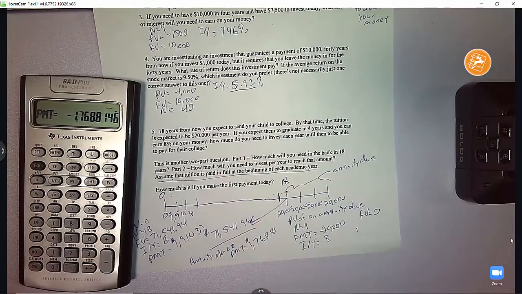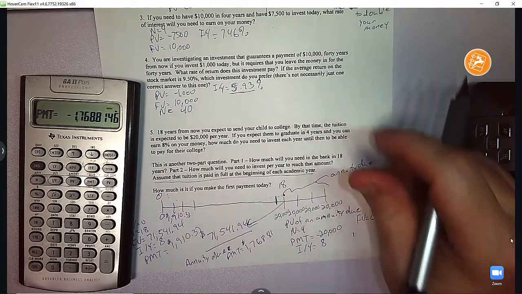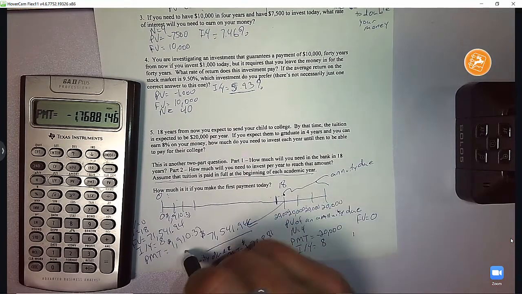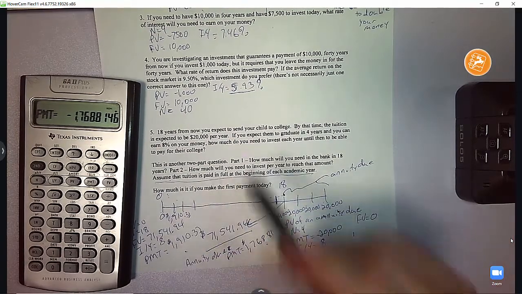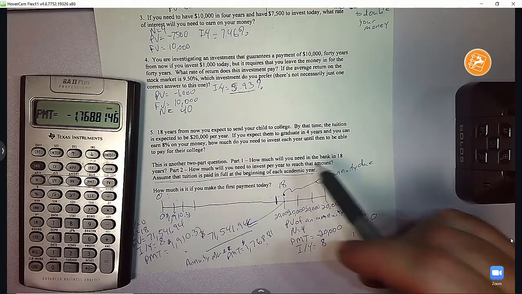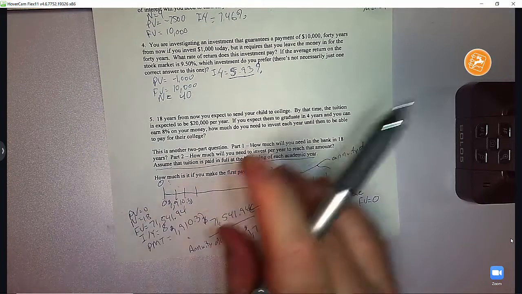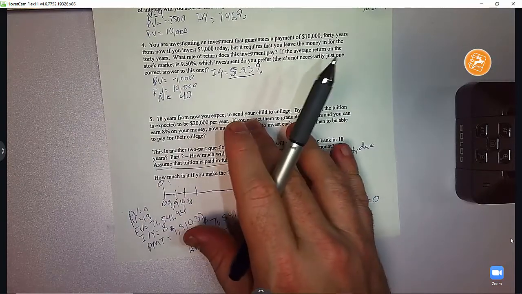All right. So you can see here that the annuity due payment is less than the regular annuity payment. Again, because I am getting an extra year's worth of interest. I'm going to flip over here to the next page.